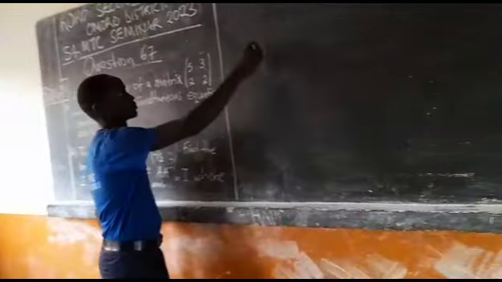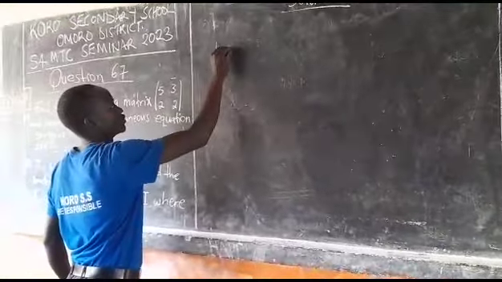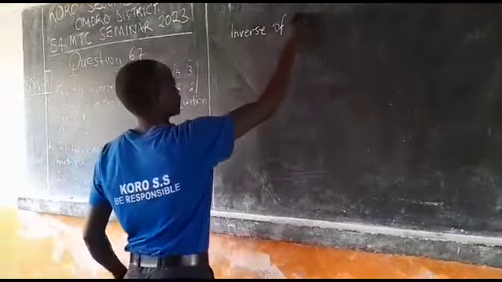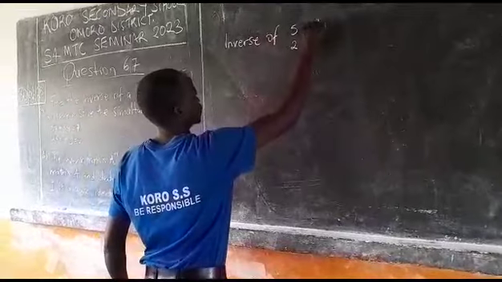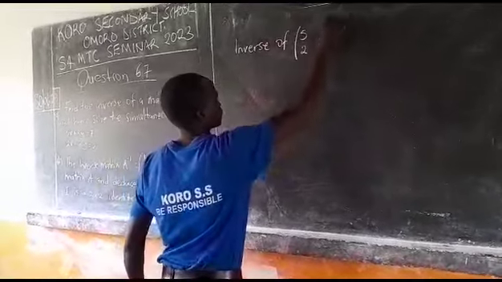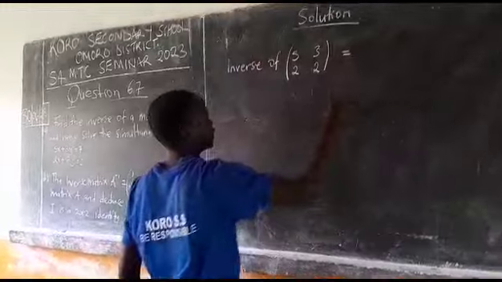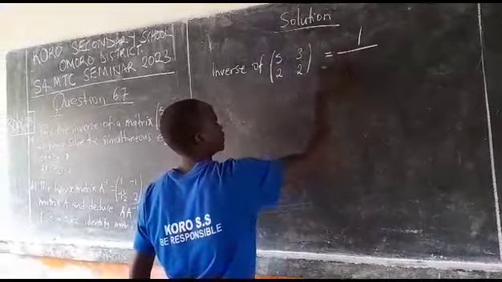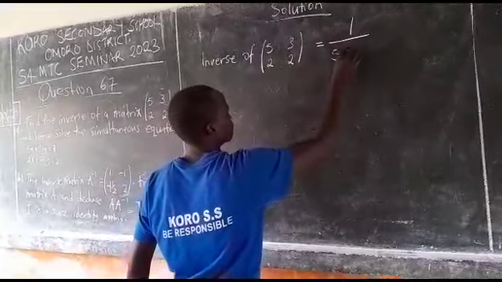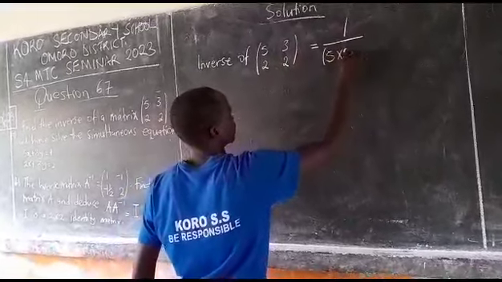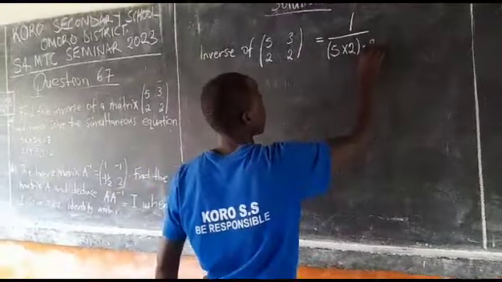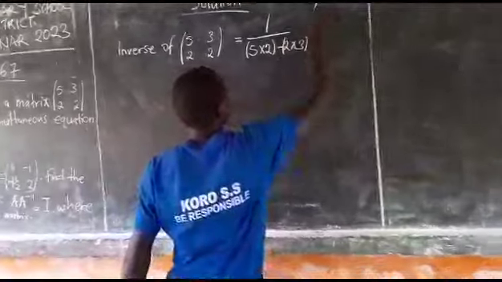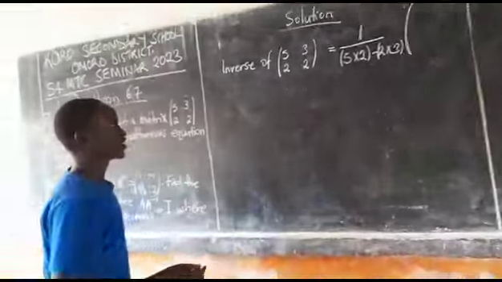So we are going to say inverse of 5, 2, 0, 2 is got by getting the determinant of that inverse. This is 5 times 2 minus 2 times 0, and we multiply it by the adjoint of the matrix given.